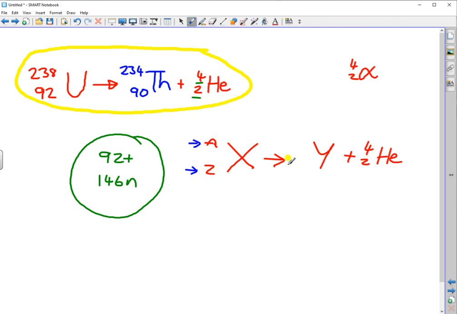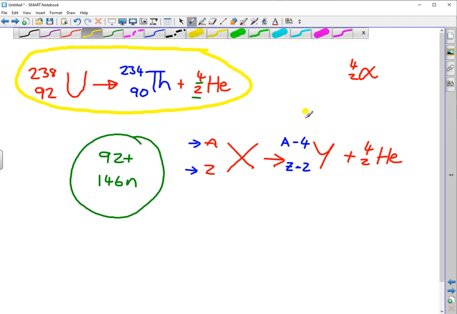So the bottom number would be Z minus 2, and the top would be the number of things in the nucleus, A, minus 4, because it's lost 4 nucleons, or 4 things from the nucleus, okay? So that there is a rule for alpha decay.